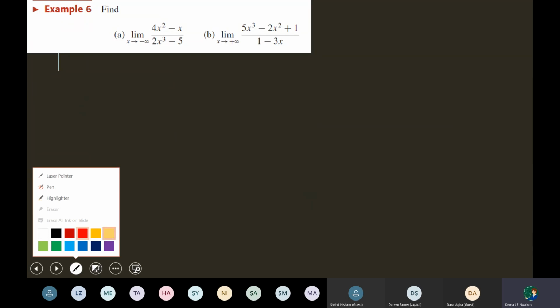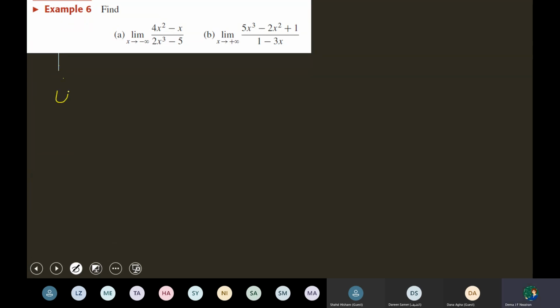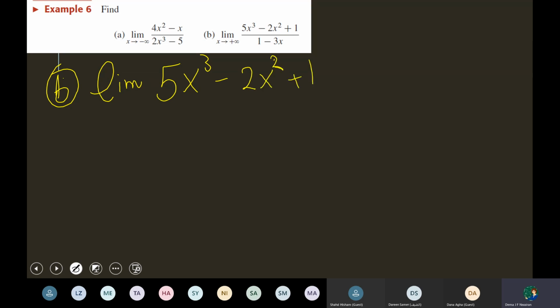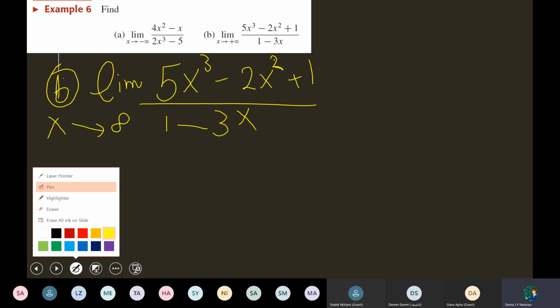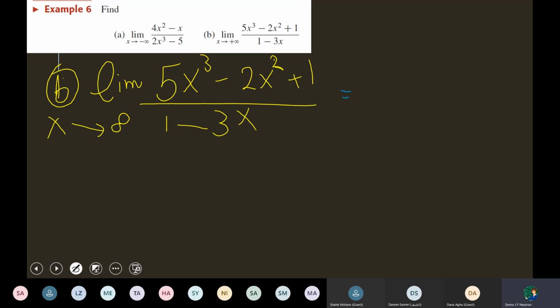Now let's solve B. Here we have the limit of 5x cubed minus 2x squared plus 1 over 1 minus 3x when x approaches infinity. What is the highest power in the numerator? 5x to the power 3, it is 5x cubed.